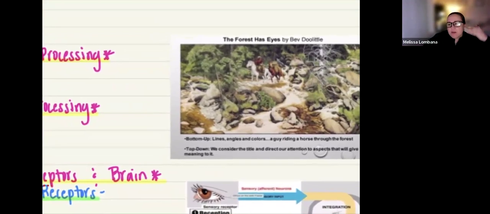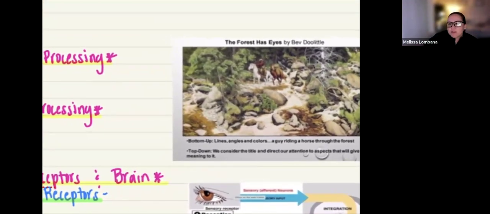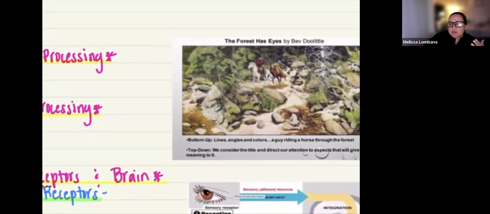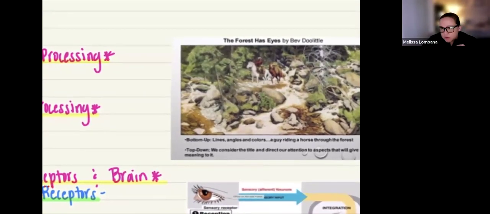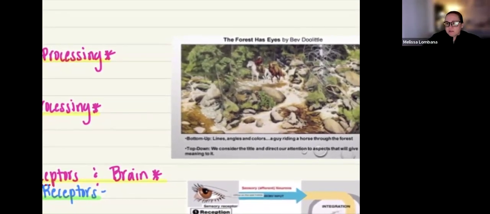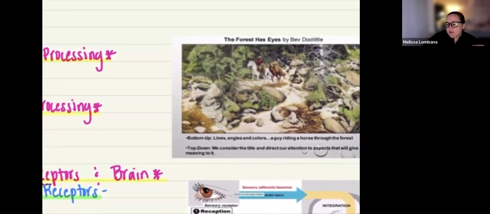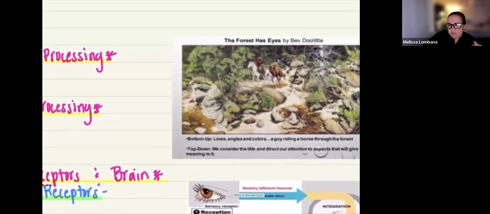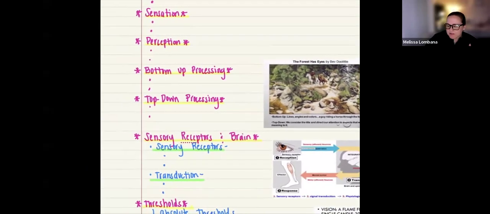So that's your top down, because you already know these images, they're in your schemas. But if I tell you to look closely for faces, which is not the typical schema, then you're using bottom up. Okay, hopefully that clarifies it a little bit.